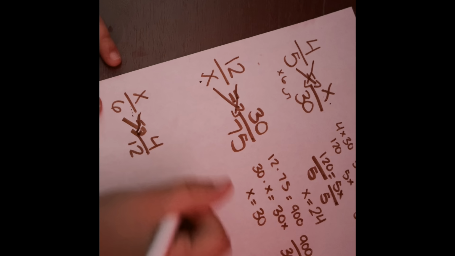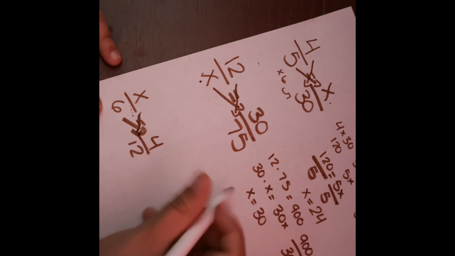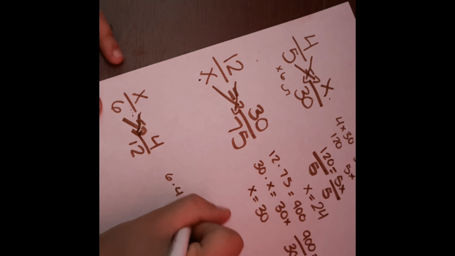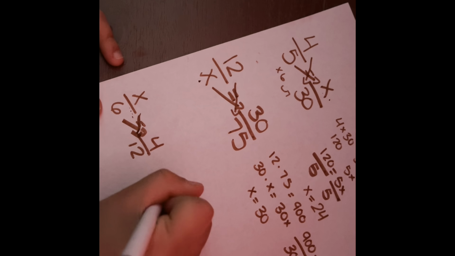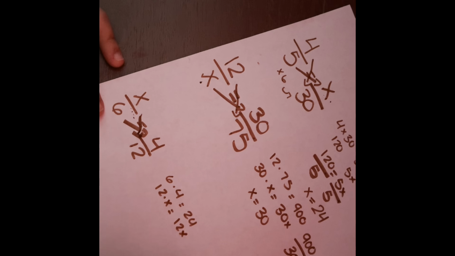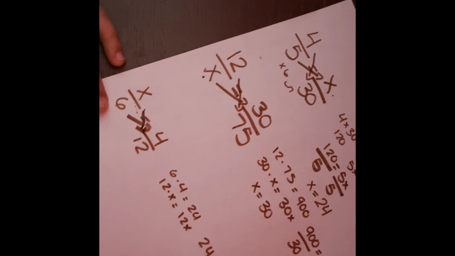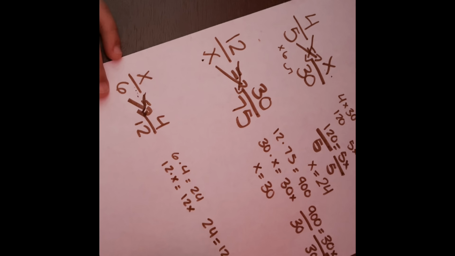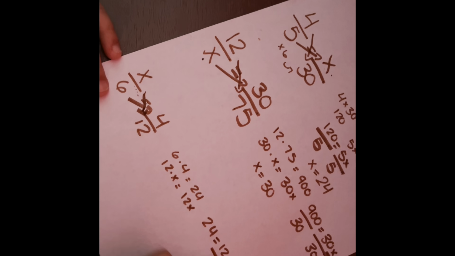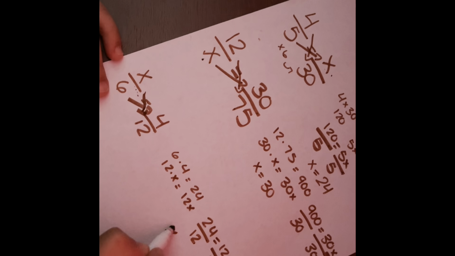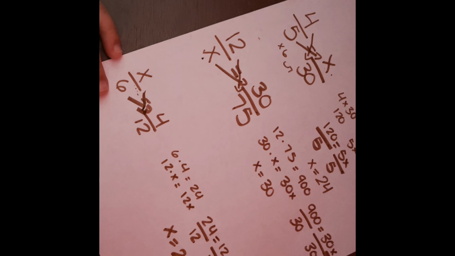So for this one, 6 times 4 equals 24 and 12 times x equals 12x. So here 24 is equal to 12x. We isolate this variable again, divide by 12, and x equals 2.